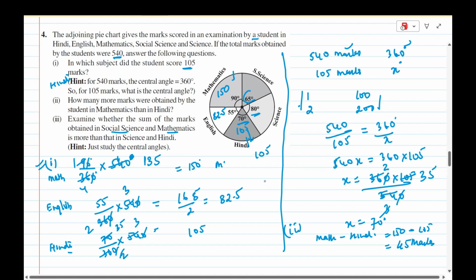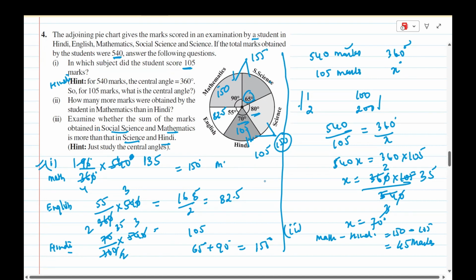So social science, he scored 65 central angle and maths, he scored 90. So the total is how much? It is 155 degrees. Correct? Math and social science is 155 degrees. Then science and Hindi. So science and Hindi is 150 degrees. Correct? So which one is more? Mathematics and social science is more.